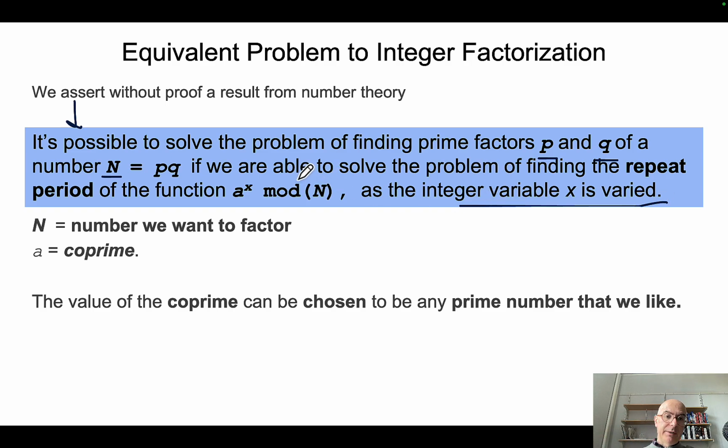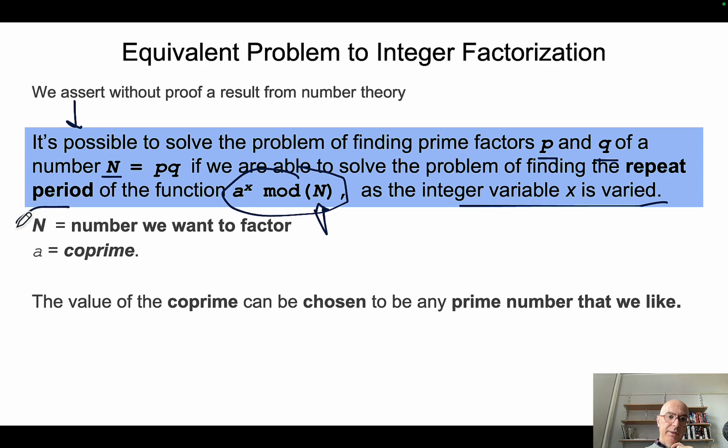We calculate this function, a^x mod n, and then we find the periodicity, or the so-called repeat period, of this function. Once we find the repeat period, we can then calculate the factors p and q, which are prime numbers.